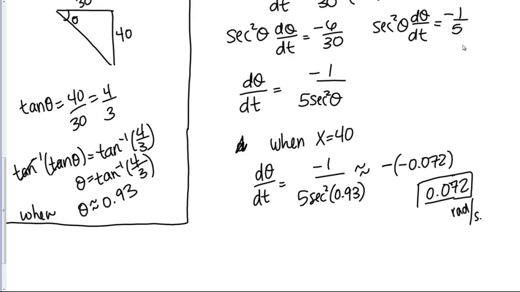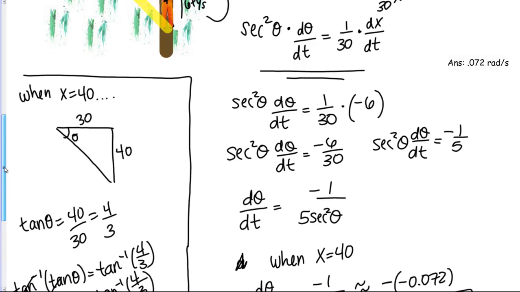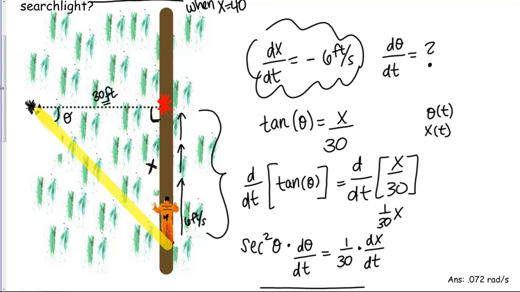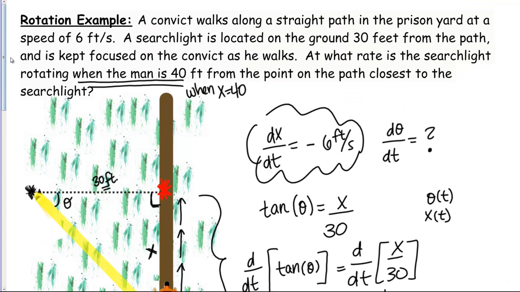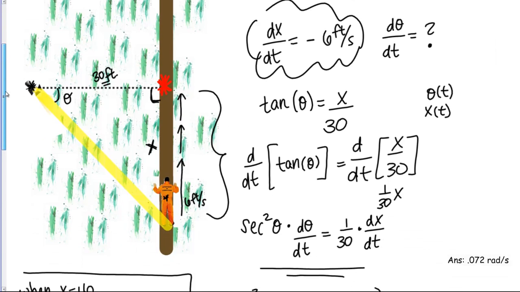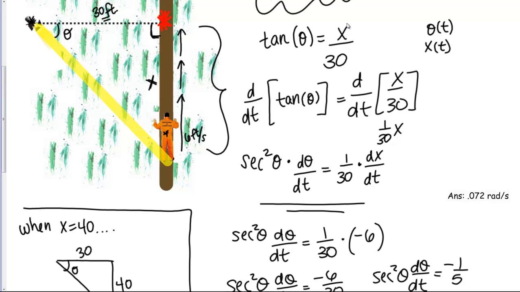All right, so this is an example of a rotation type of related rates problem, but the steps are always the same. You want to start by reading the problem carefully, setting up a picture, and then establishing your variables, and also what rate of change you know and what you don't. Okay, and then remember we wrote a relationship between the variables. That was our tangent relationship.